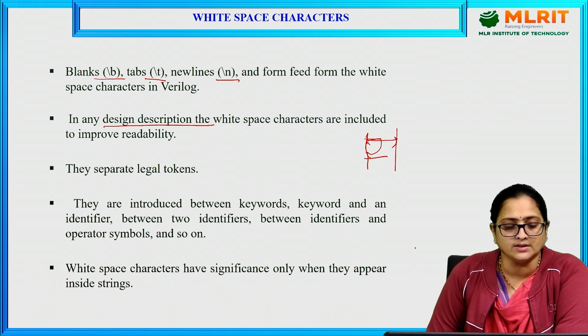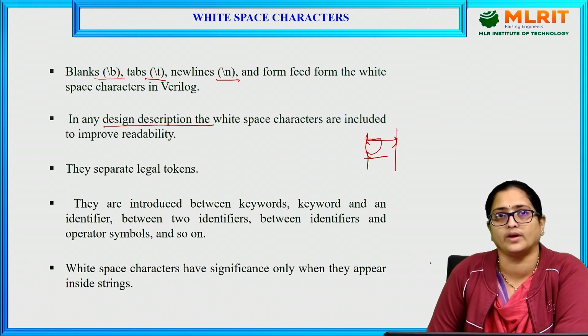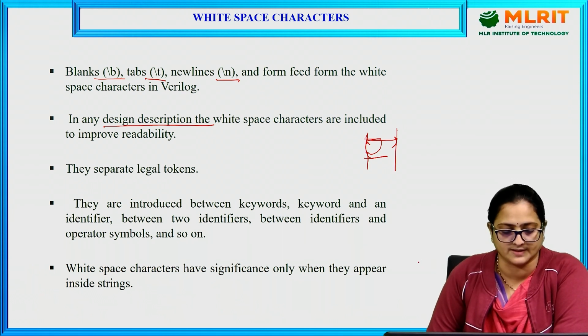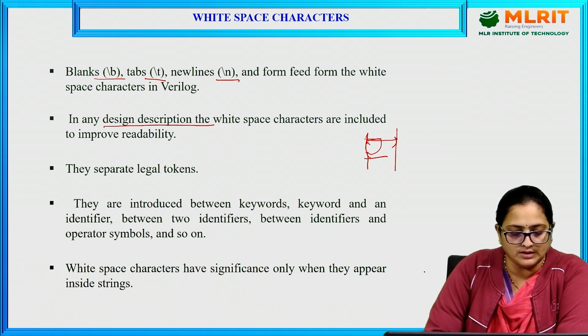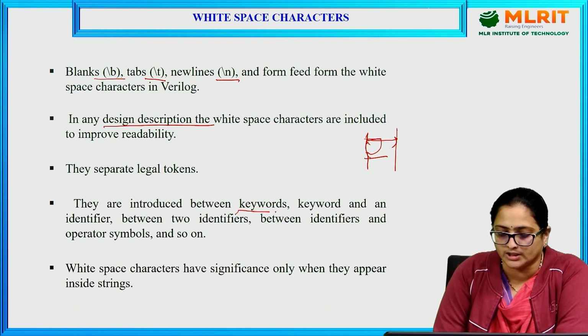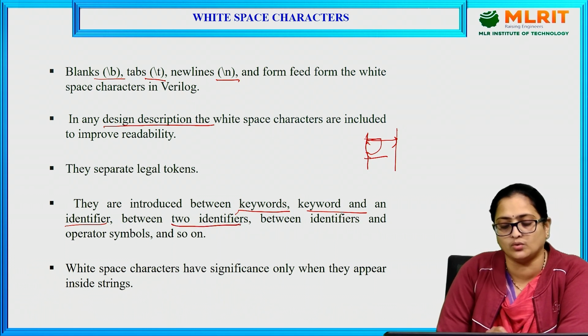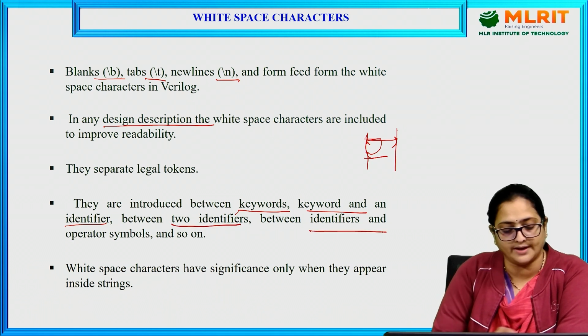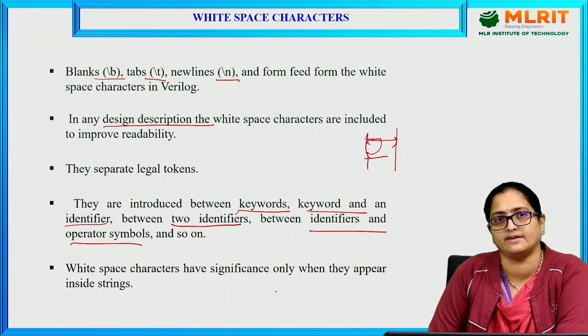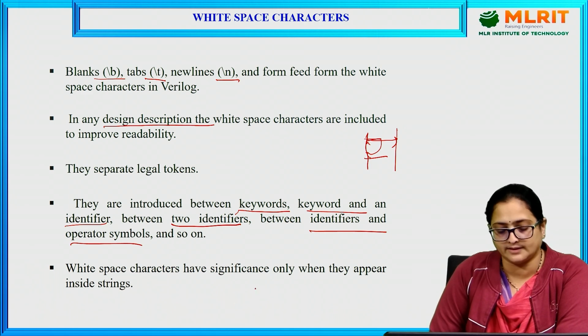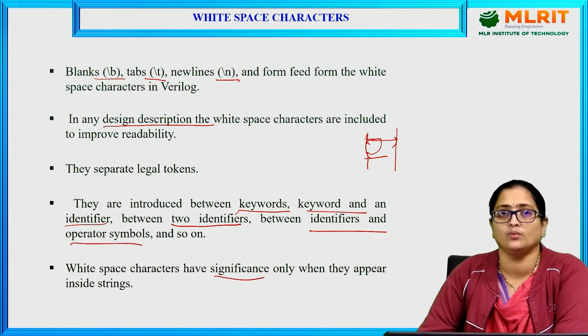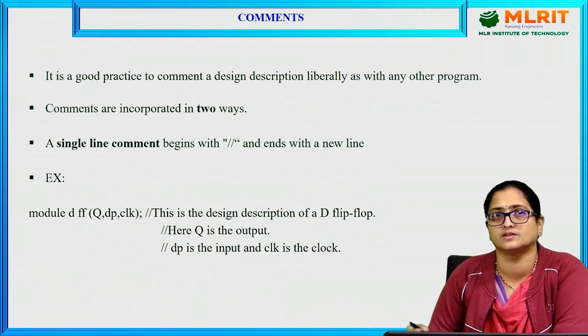So these are the white space characters that you can include in your design description. They are introduced between keywords, between a keyword and an identifier, between two identifiers, or between an identifier and operating symbols, etc. White space characters have significance only when they appear inside a string.